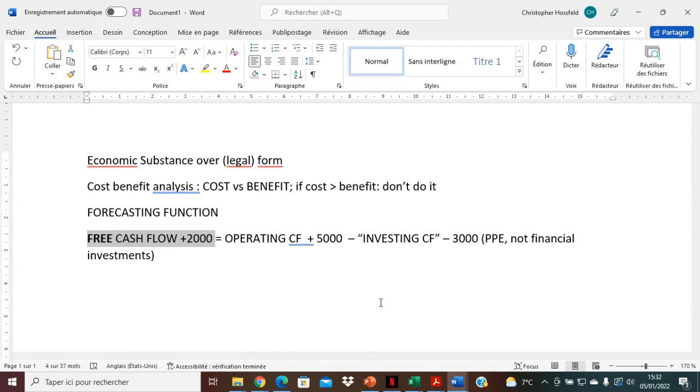Whereas if the free cash flow is negative, which can happen in particular when we are making very important investments, that means potentially I need additional financing from the shareholders or from the banks in the financing section. That means the financial risk here will increase. I can reimburse less, I can pay fewer dividends, and so on.